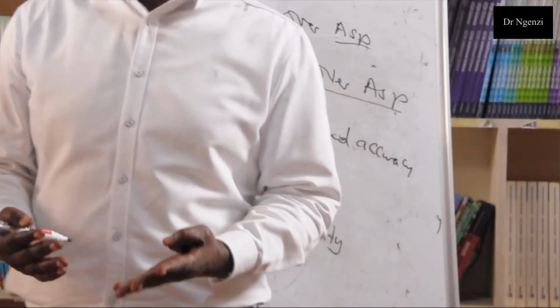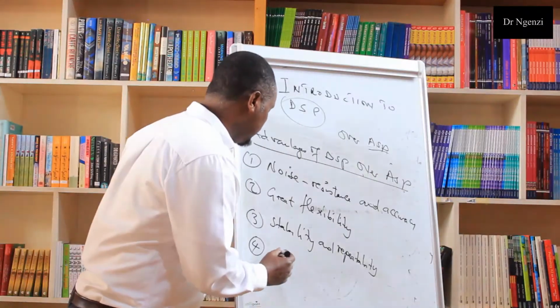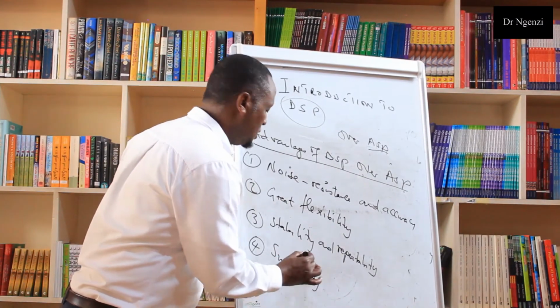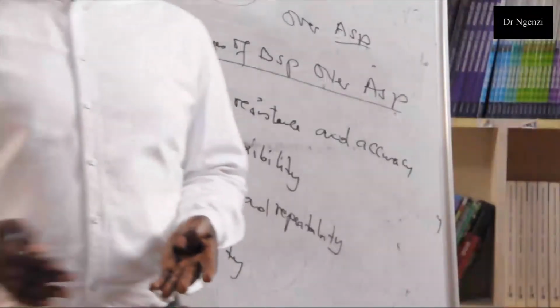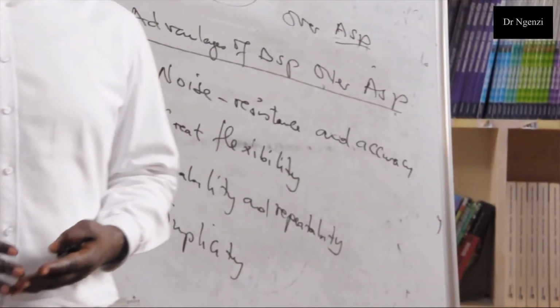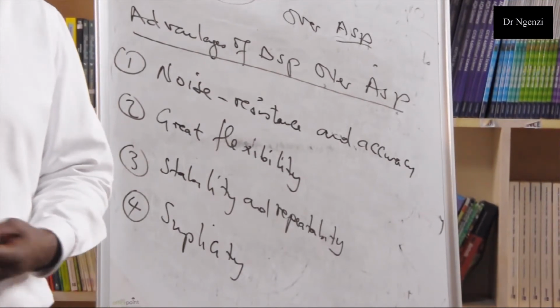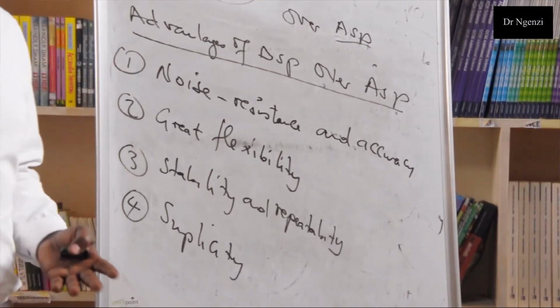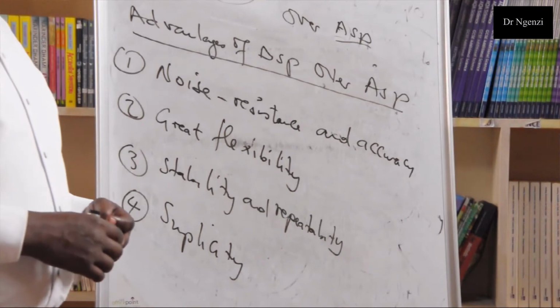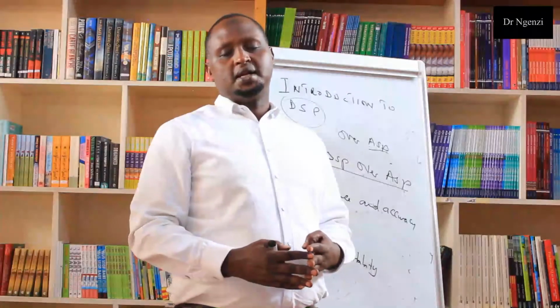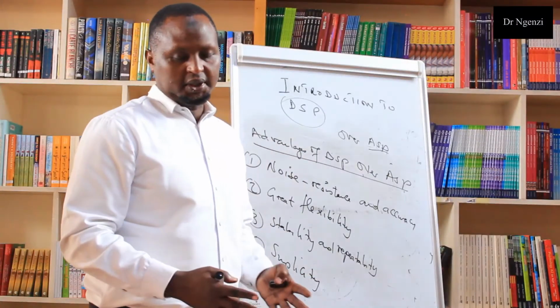It is also very simple, so we call it simplicity. The design or build-up of the digital system is very easy, so designing it doesn't require much effort to come up with a design prototype, for example.